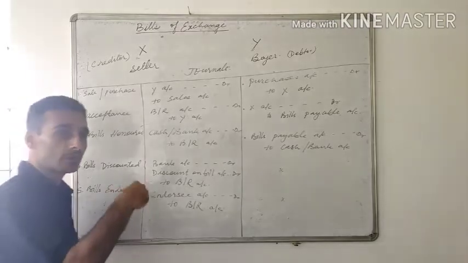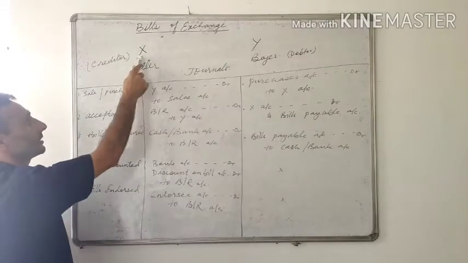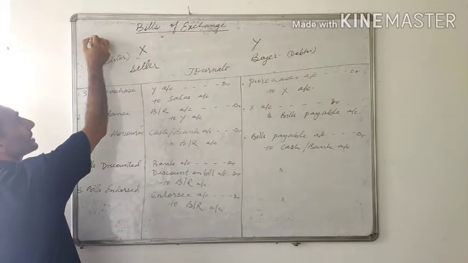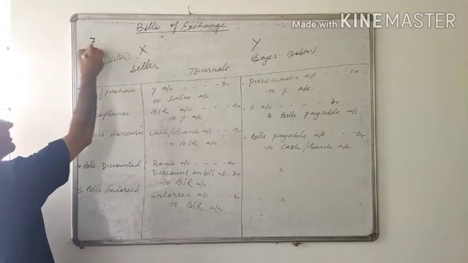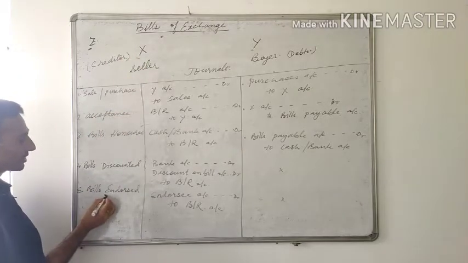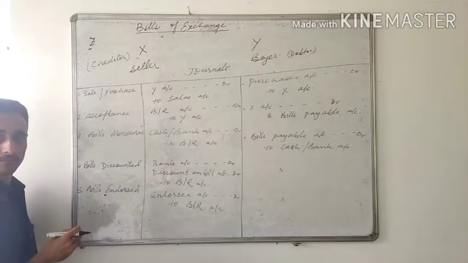Bills endorsed. Endorse means to give it to a third party, give it to someone else. Like say here, X needs to pay to Z. Then instead of paying him cash, X can transfer this bill to Z. This is called endorsing the bill.